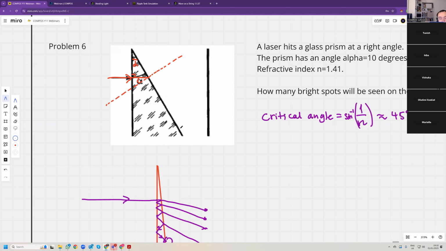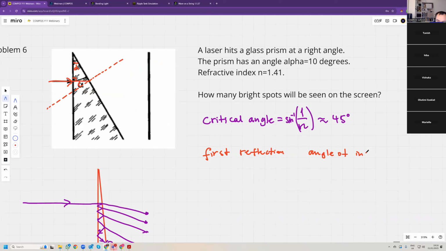So the angle of incidence for the first reflection equals alpha. Now it reflects with the same angle, so that's alpha.